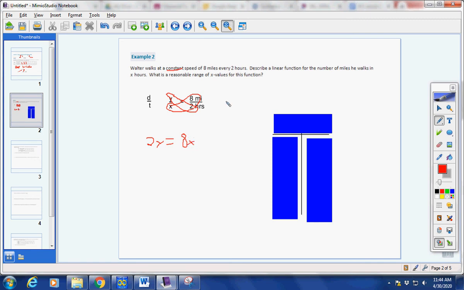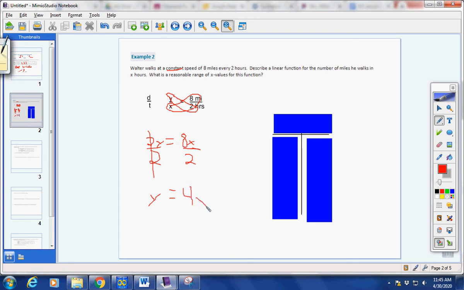Okay, so then to solve this, remember we always solve for y. That's in some of your notes somewhere along the way. We're going to divide both sides by 2. So 2 divided by 2 is 1y, and 8 divided by 2 is 4.